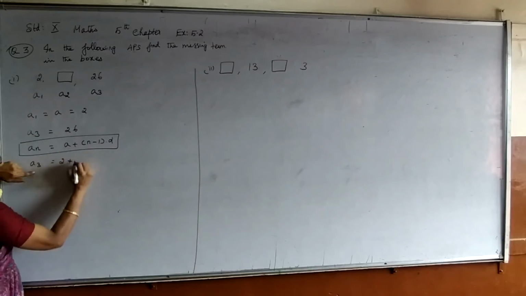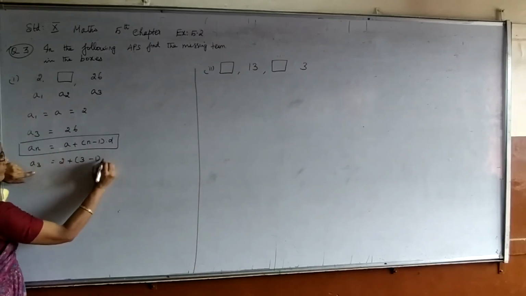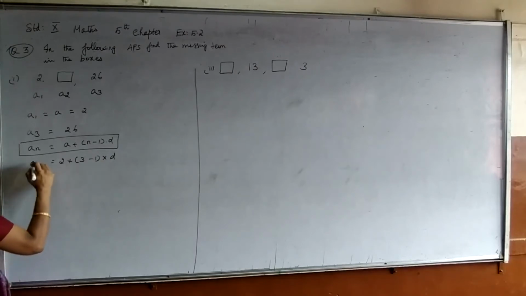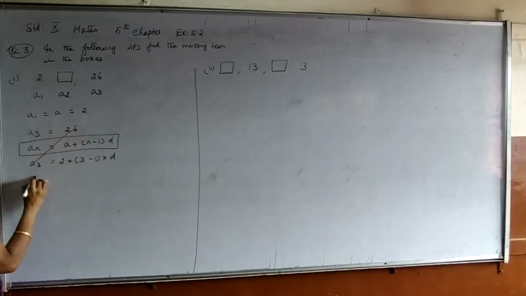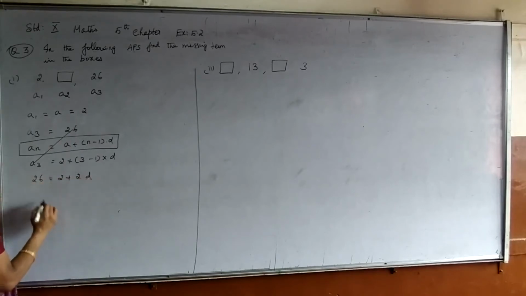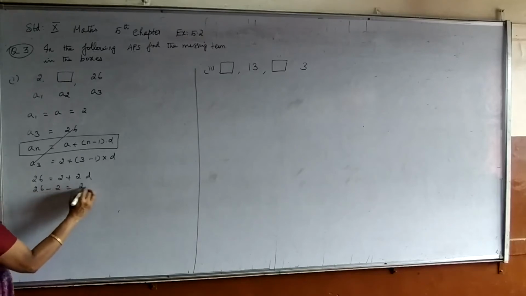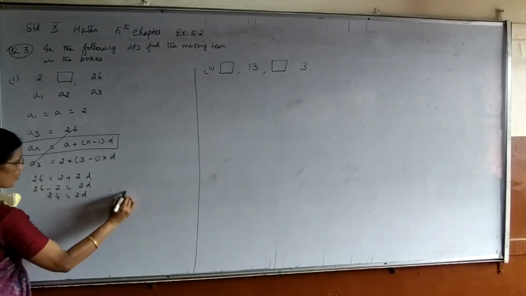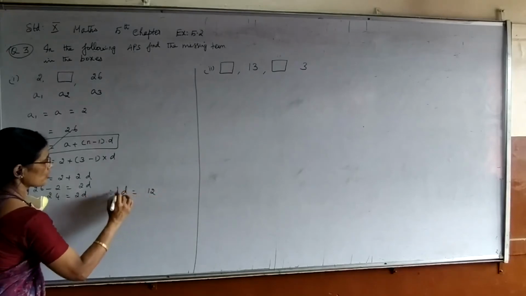What is n? n is equal to 3 minus 1. d we don't know, so d is substituted as it is. What is the value of a3 given? It is 26. 2 plus 2d. I bring 2 here. 26 minus 2 equal to 2d. 24 equal to 2d. Therefore, d is equal to 12.